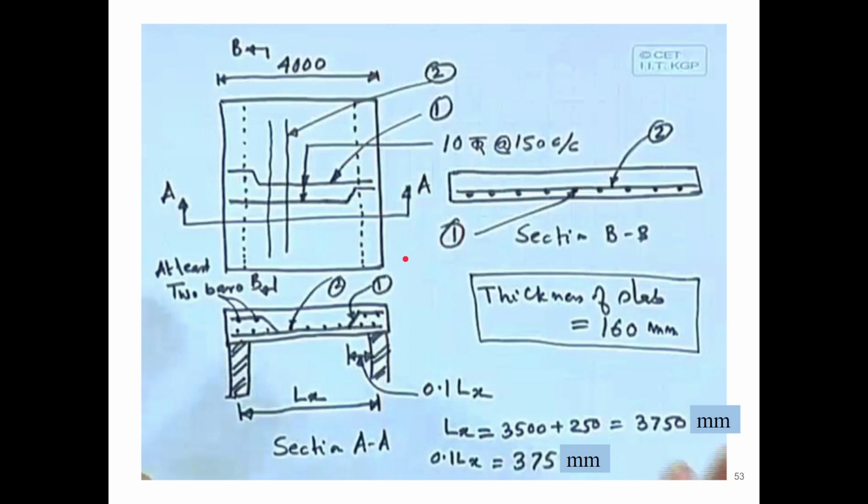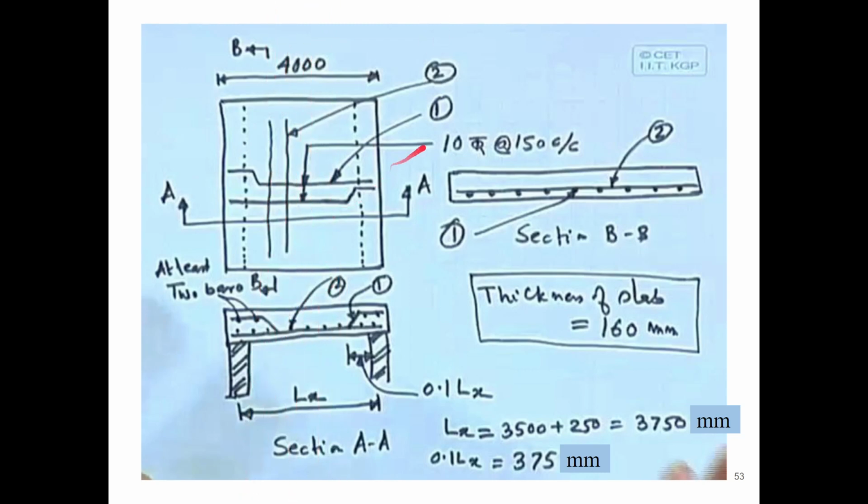One thing you have observed here which is different from a beam is the placing of the primary reinforcement. In case of a beam, there is no concept of secondary reinforcement. There is always primary reinforcement only, either in tension or compression. The reinforcements are always parallel to the axis, in the direction of the axis.